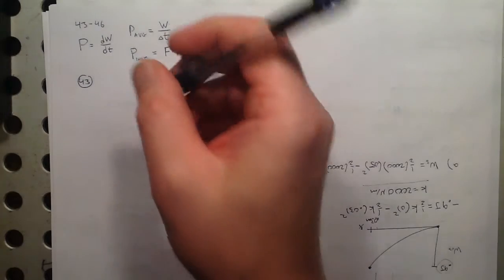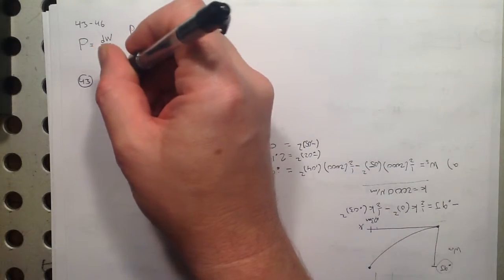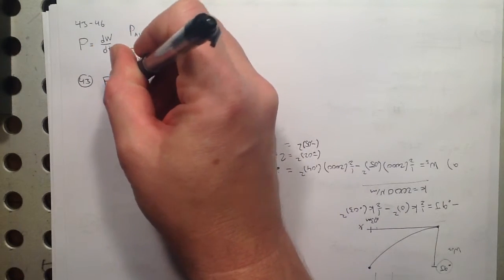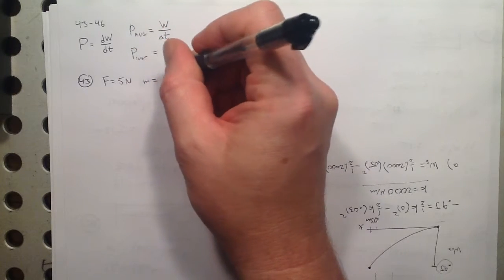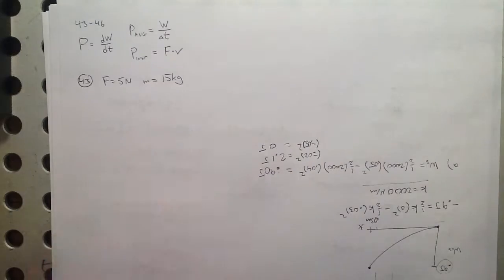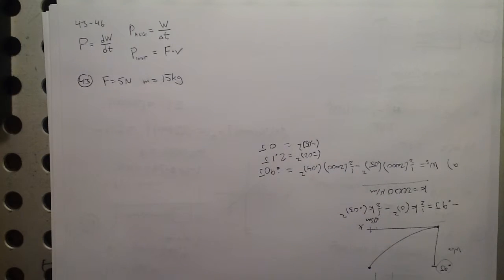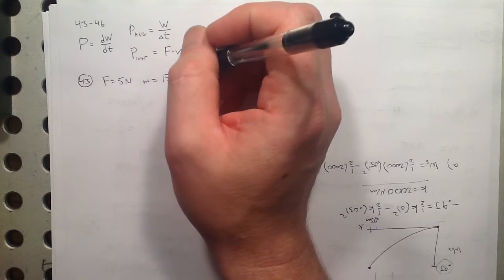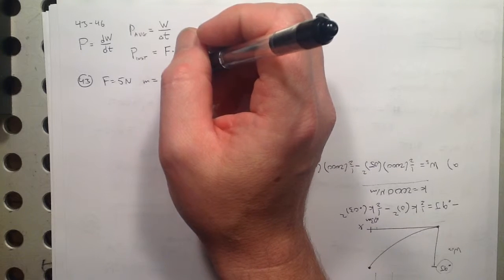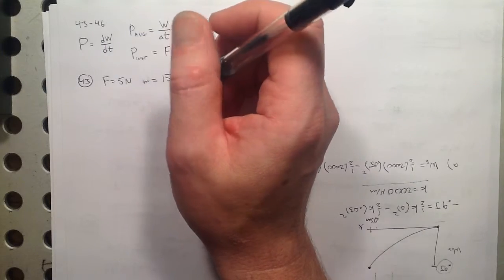Number 43, we have a force of 5 newtons acting on a mass of 15 kilograms, and that body is initially at rest. So we want to compute the work done by the force in the first, the second, and the third seconds.